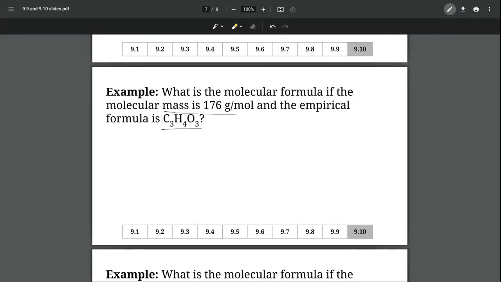So first we're going to have to find that multiplier. Let's set up that equation so we remember it. It's the molecular mass over the empirical mass. Now, we don't have the empirical mass given to us like we do the molecular mass, so we're going to have to find that. But luckily, they give us the empirical formula, so we can multiply them out.